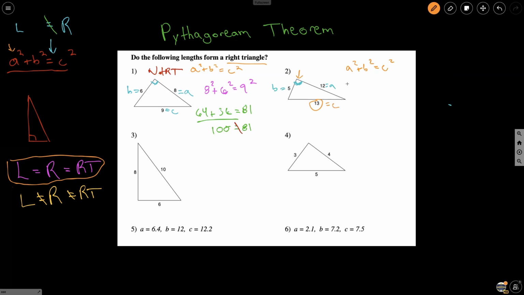So we got a squared as 12 squared plus 5 squared equals 13 squared. So we got 12 times 12. That's 144 plus 5 times 5, which is 25.